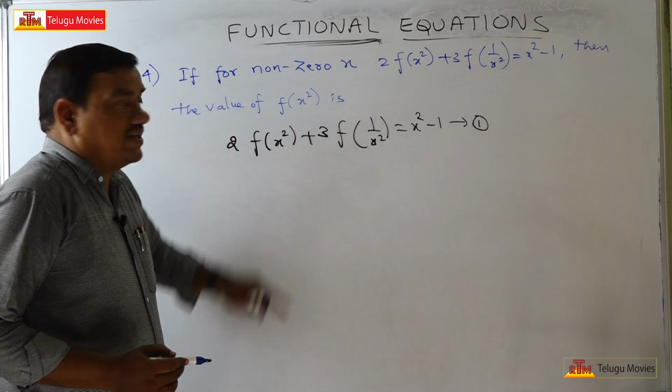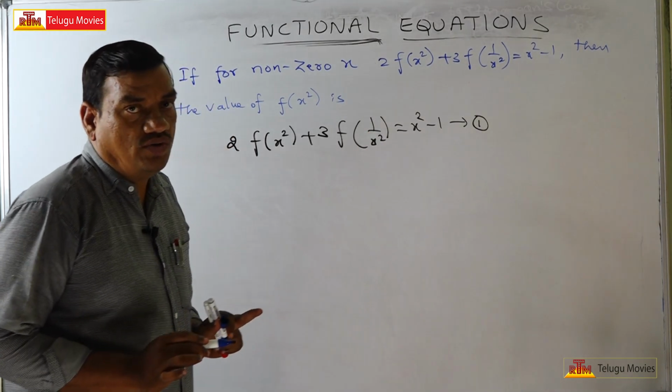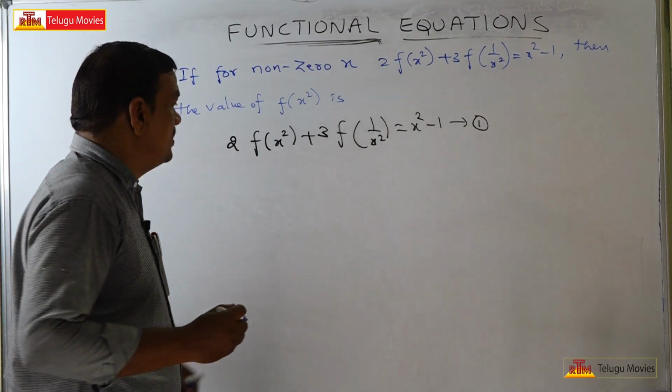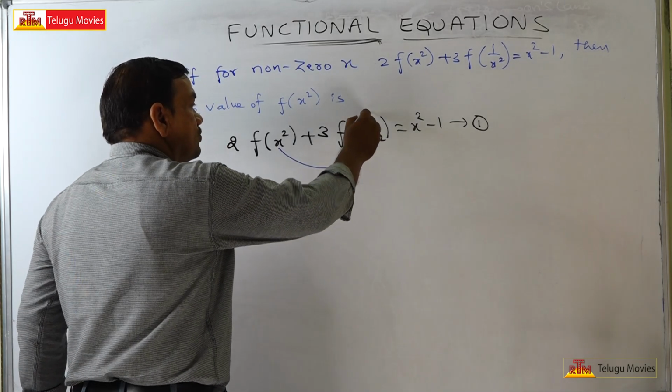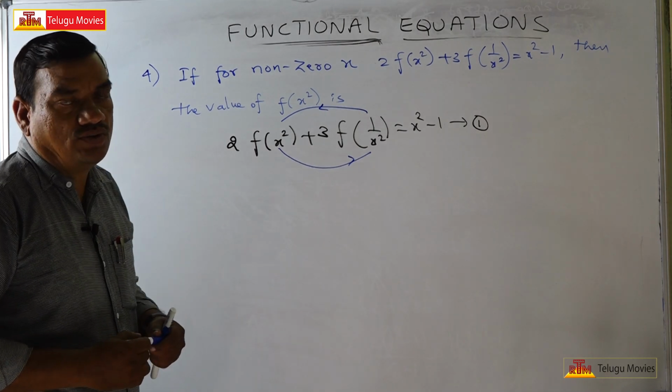We want f of x square. That means we don't want f of 1 by x square. For this type of problem, always remember, in place of x square, 1 by x square should come.